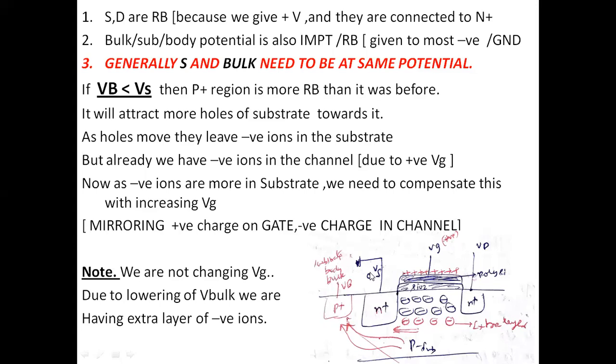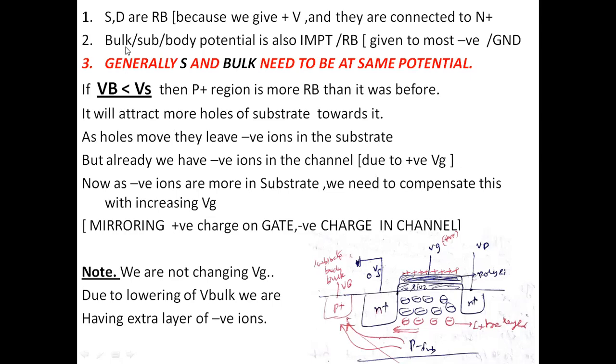Here the source has been given the ground potential, and VG is given a positive voltage at the gate. The source and drain terminals are reverse biased, because they are connected to the N plus regions. That is the first statement.